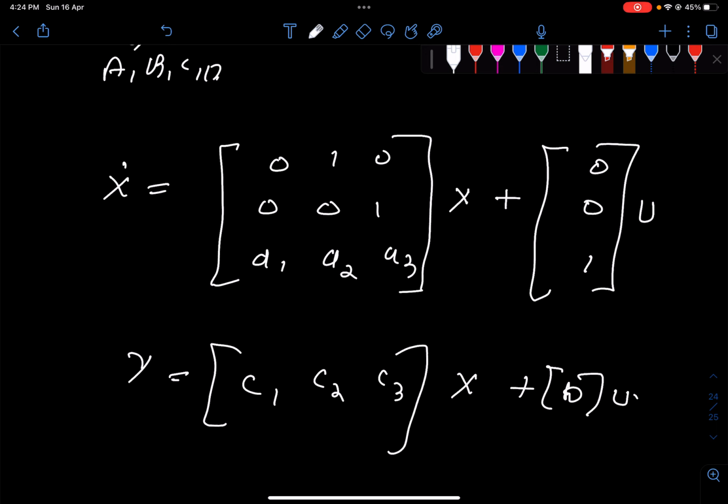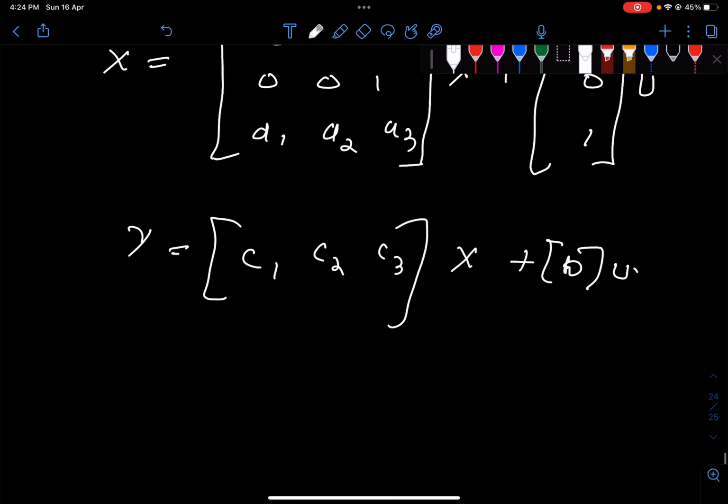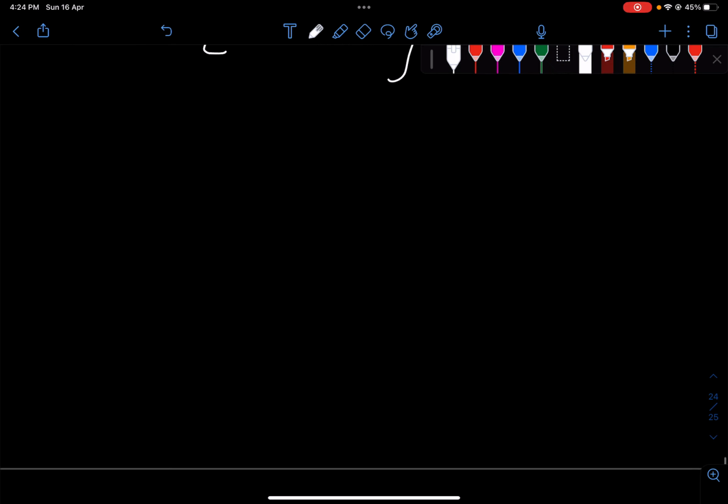So how to work this out? How to draw a signal flow diagram from state space? It is very easy.